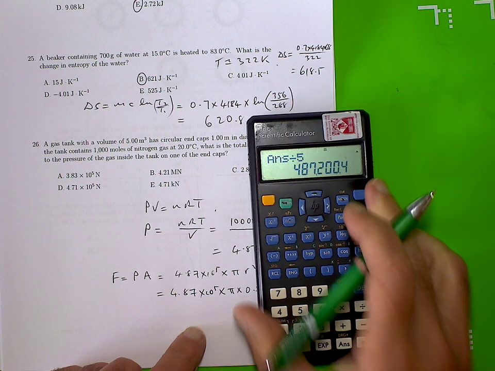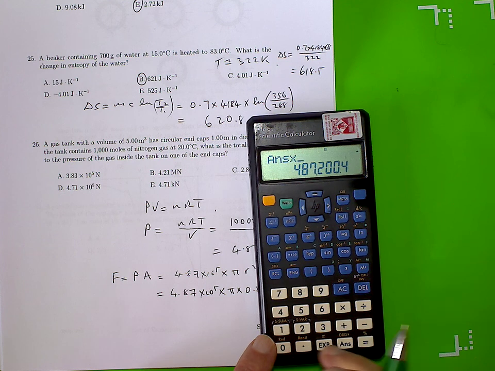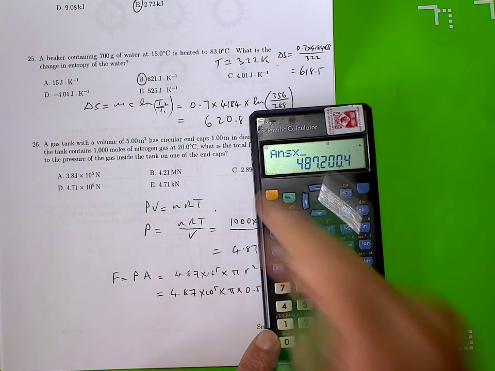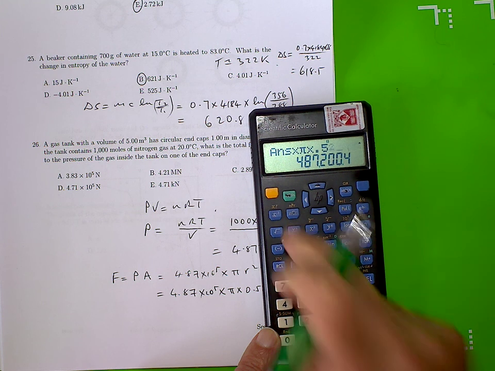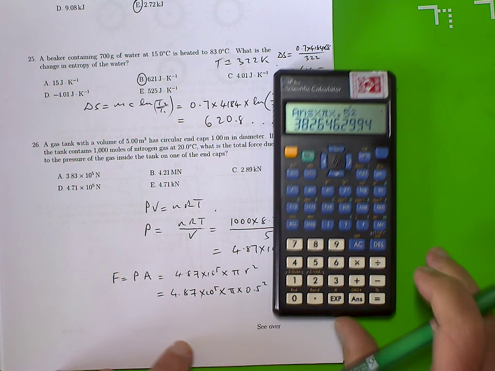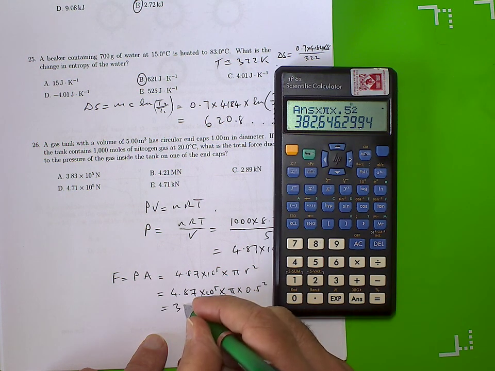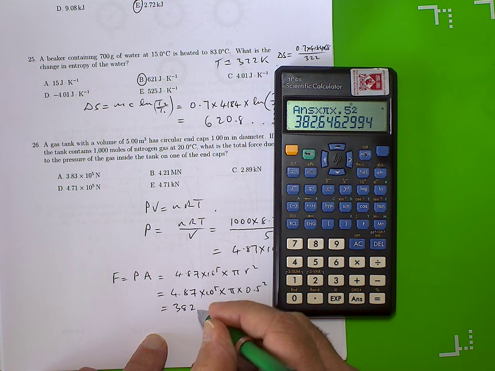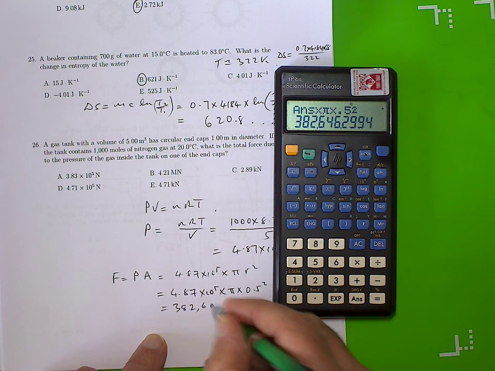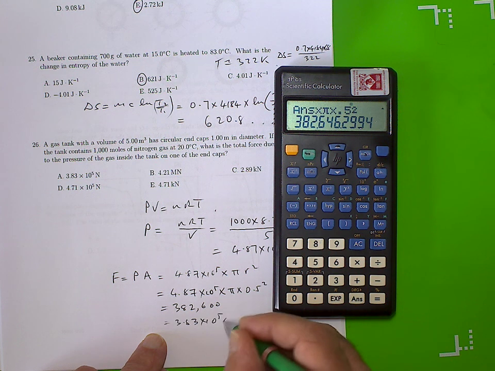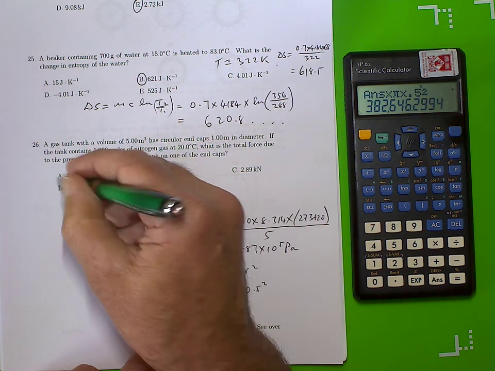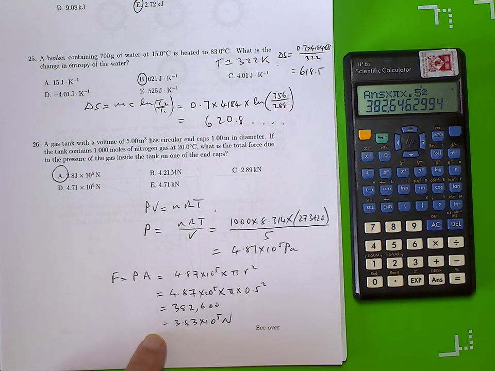So that times pi times 0.5 squared equals 3.83 times 10 to the 5th newtons. That one. Okay, done.